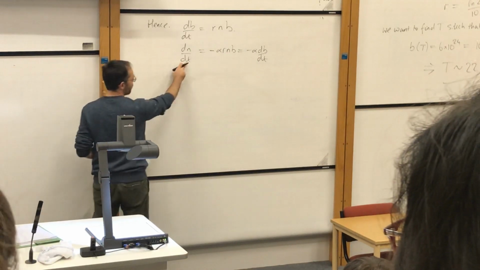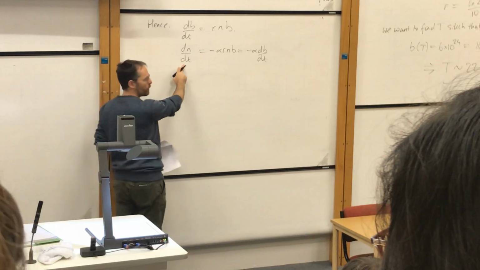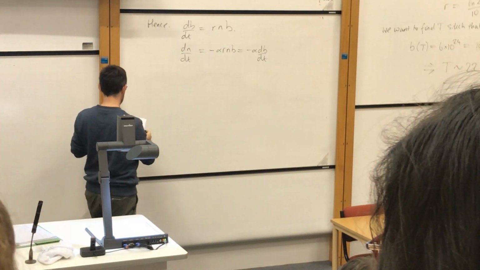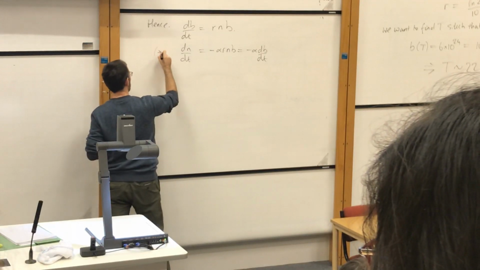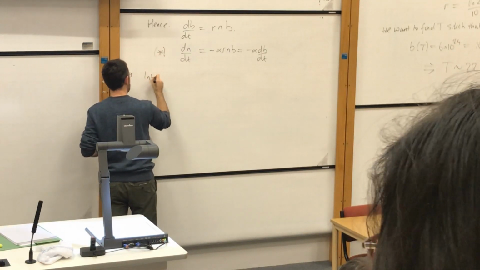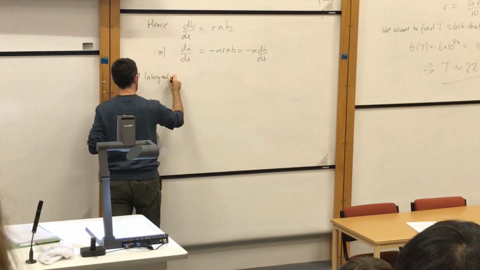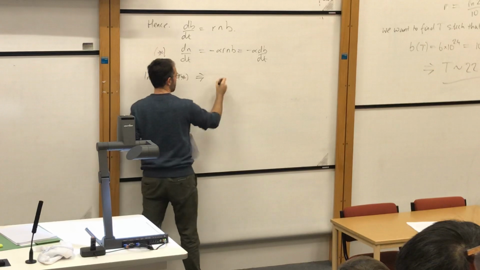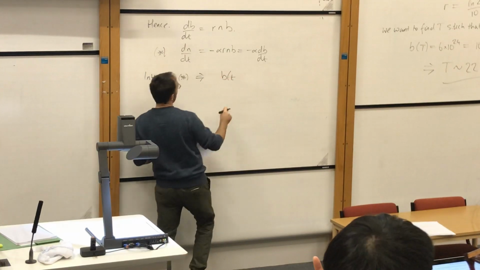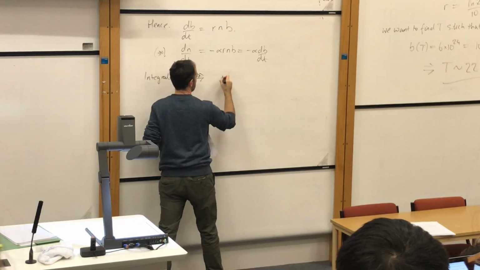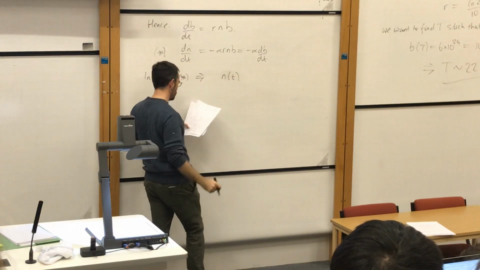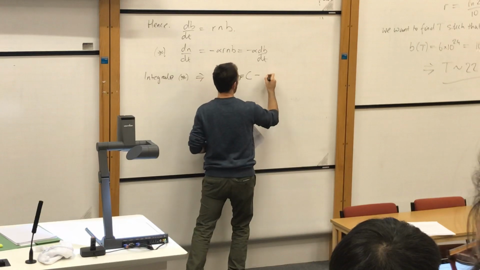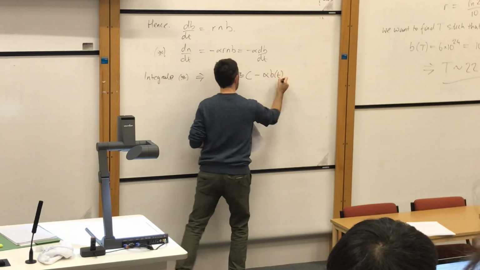The way you can do that is, if we look at this second equation, dn by dt is equal to minus alpha dB by dt. Calling this equation star, we integrate star, and that tells us very simply that n of t is equal to some constant c, a constant of integration, minus alpha b of t.